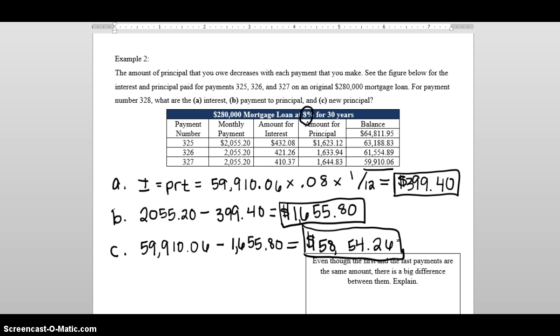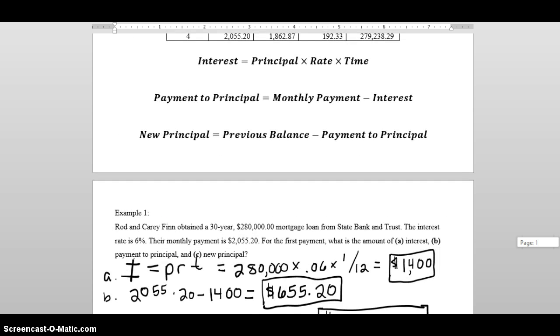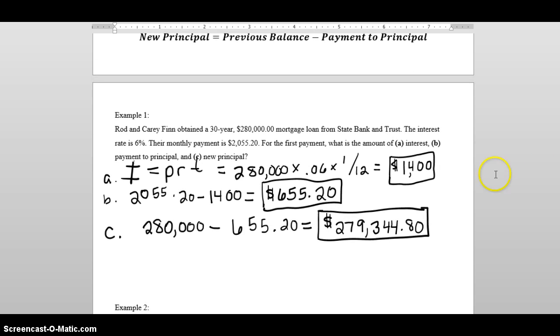As you pay on a loan, the amount that you pay to interest gets smaller and smaller, and the amount you pay towards the principal gets bigger and bigger. If you notice, in the first example, $1,400 went to interest and $655 went towards the principal.